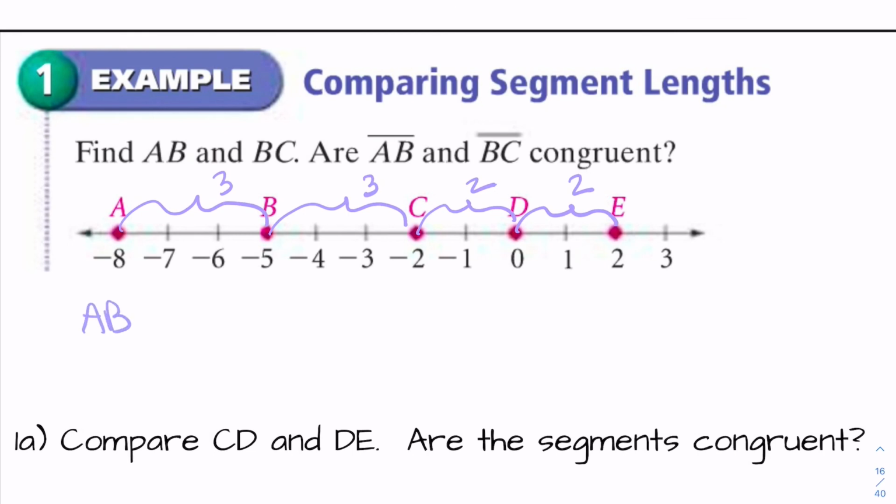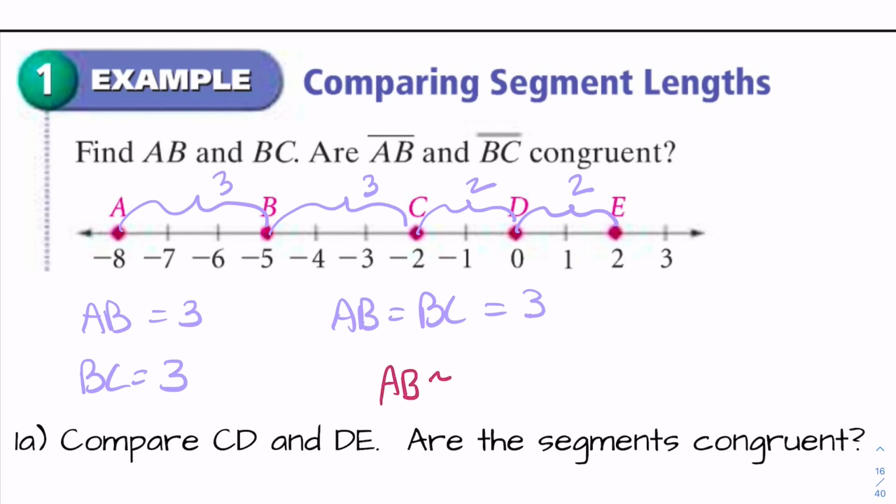Okay. Find AB. AB is equal to 3. BC is equal to 3. So AB equals BC equals 3. So therefore, we can say AB is congruent to BC with the hats on.